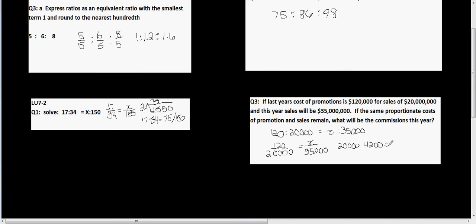So 20,000 goes into this 210,000. There we go. So our answer is the commissions on $35 million of sales is going to be 210,000. X equals 210.